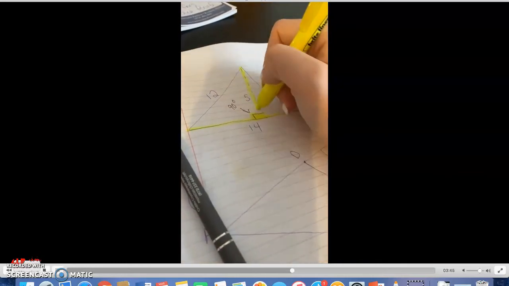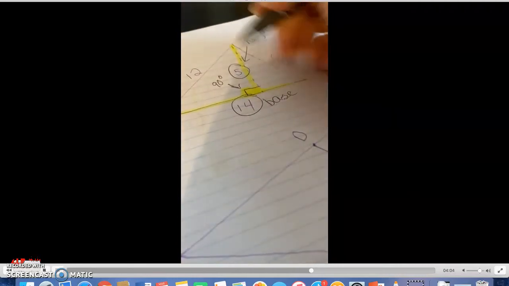And this time they just dotted the line in the middle. Because again, the dotted line is just showing that it's not part of the triangle. That's just on the inside. So I would want to use 14 as my base. And I would want to use 5 as the height of the triangle. Because those are the two lines that make it perpendicular.